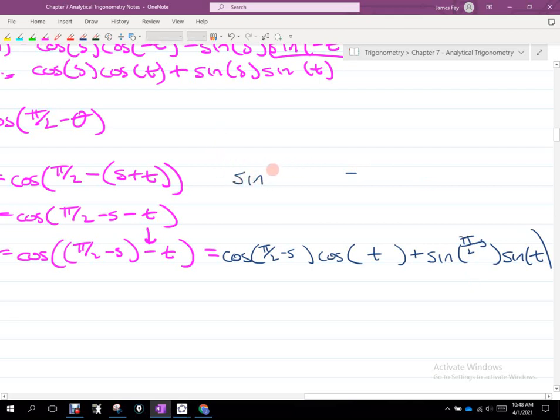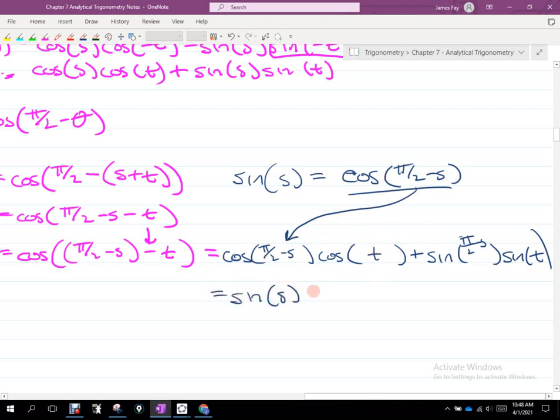The sine of S is equal to the cosine of 90 minus S, or pi over 2 minus S. Does that make sense? Can I replace that thing right there with sine of S? And I have cosine of T plus then. So now I need this thing here to be replaced. We know that the cosine of S is equal to the sine of pi over 2 minus S.